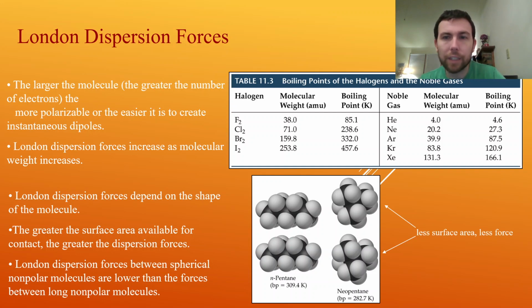We can definitely identify that I2 has way more electrons than F2, which is what's accounting for that larger boiling point. And we see the same thing happening with our noble gases. Helium is our lightest noble gas. It has the lowest boiling point. Xenon is our heaviest noble gas. It has the greatest boiling point. So that would indicate that xenon has stronger London dispersion forces than helium does.